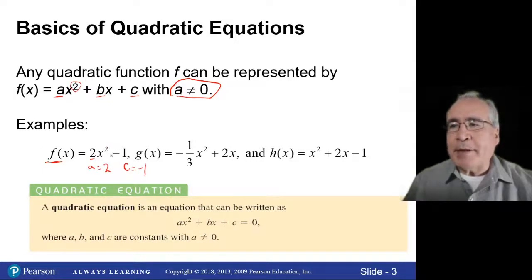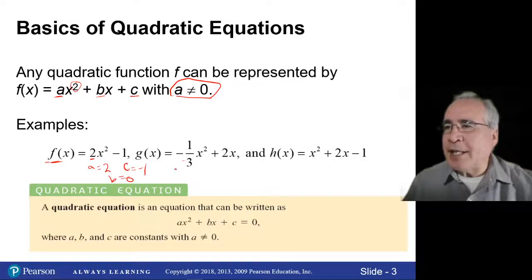Okay. Now, what about b? See, there is no x value here, so you're right. B would be equal to 0. So there's always an a, b, c. Sometimes b or c or both are 0. So over here we have our g of x function, and again, a is the number in front of the x squared. So a equals -1/3.